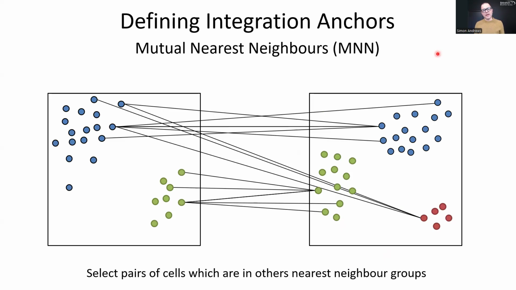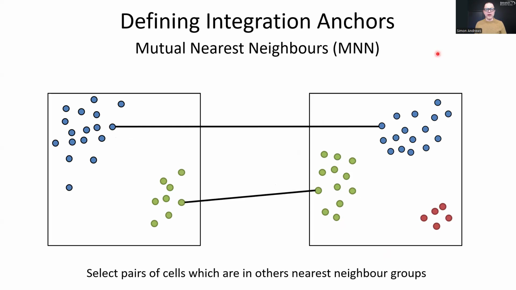But by bringing together all of the pairwise comparisons and then finding the ones where they are mutually nearest neighbors, you can identify the common integration points between the data sets and use those to quantitatively align the underlying data.